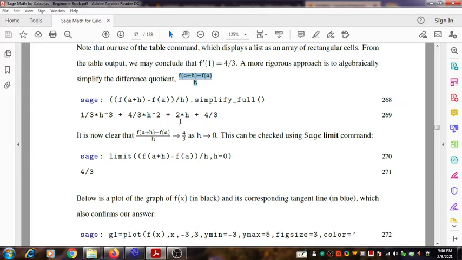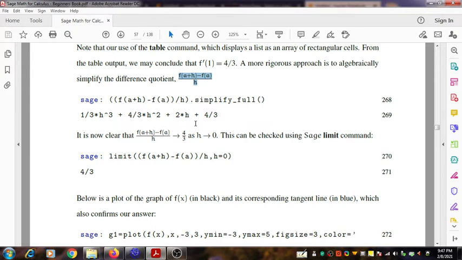You are going to see that very simple ways are there using SageMath to obtain the derivative of a given function, just by using a very small, short command.